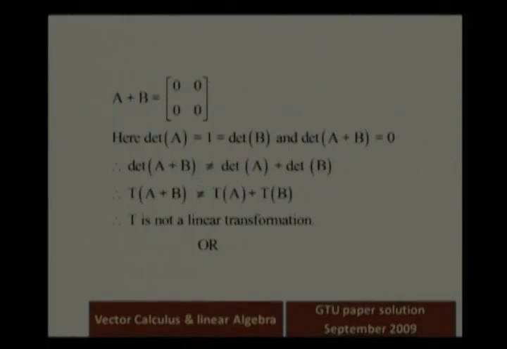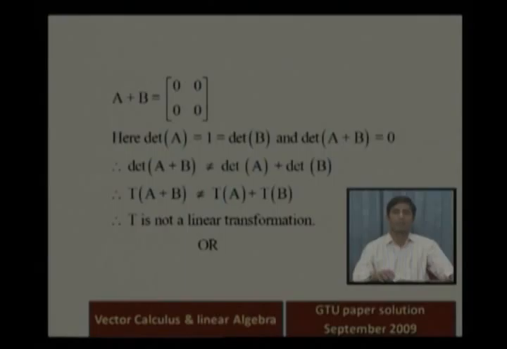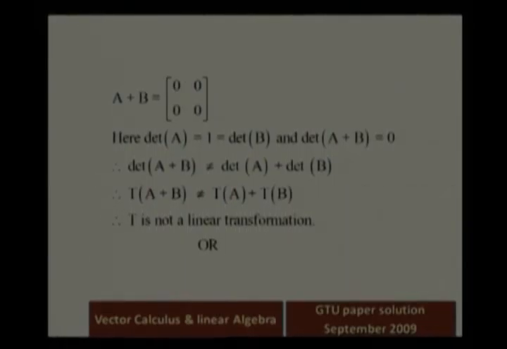So what is A plus B? 0 0 0 0, correct? And determinant of A is 1, determinant of B is 1, but determinant of A plus B is equal to 0. Okay. So determinant of A plus B is not equal to determinant of A plus determinant of B. So T of A plus B is not equal to T of A plus T of B. So T is not a linear transformation. Okay. And here is the complete solution.